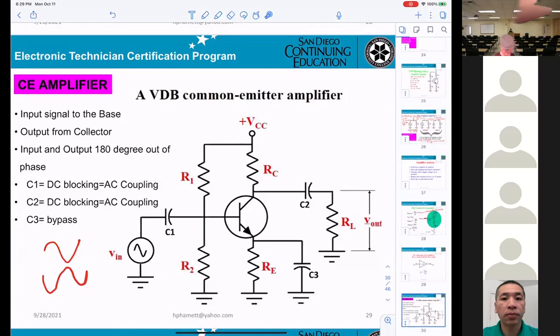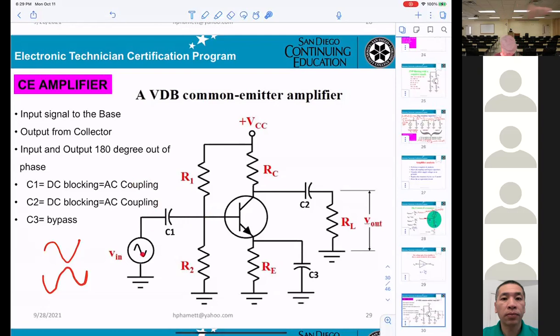Now we need another definition. First thing, C1. If you're reading, you can see C1, DC blocking, AC coupling. What does that mean? That means you get your sine wave on this side, and they allow the sine wave on the other side.